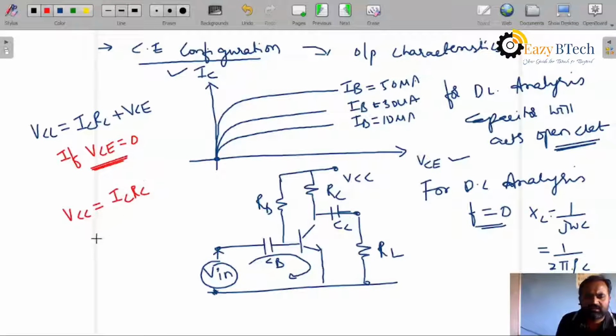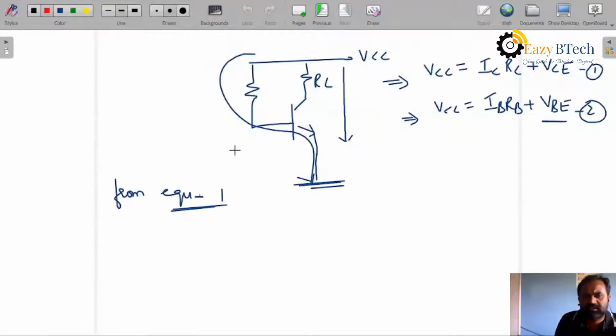On the graph, this is the x-axis and this is the y-axis. We write IC is equal to VCC by RC.